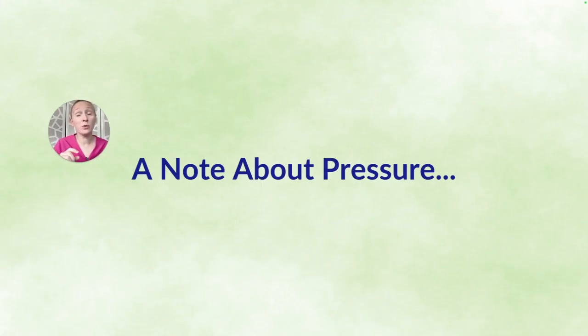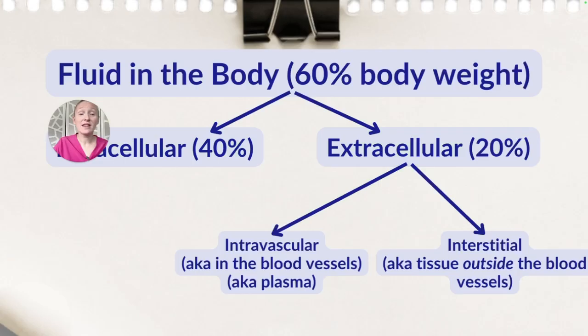For example, if you are trying to understand first spacing, second spacing, and third spacing when it comes to edema, you have to understand how different pressures in the body will force that water out of the space it's supposed to be and into a space it is not supposed to be. First spacing is fine. That's where all the water is exactly where it's supposed to be. Second spacing is when we push that extracellular water and maybe even some of the intracellular water, and it gets pushed out into the interstitial space.